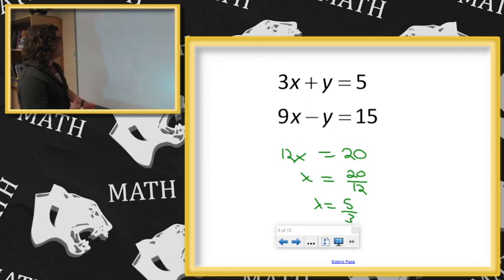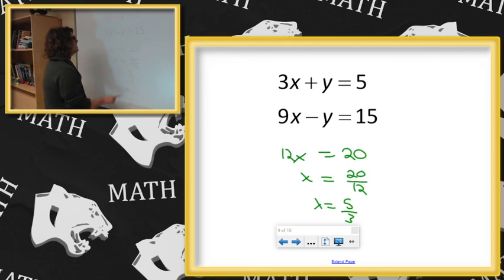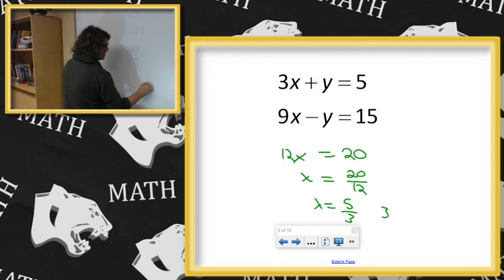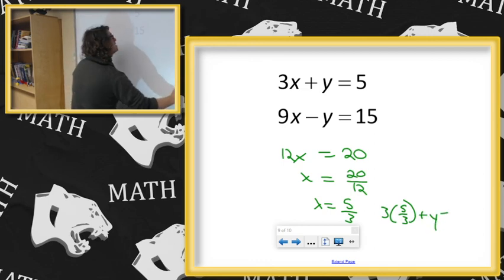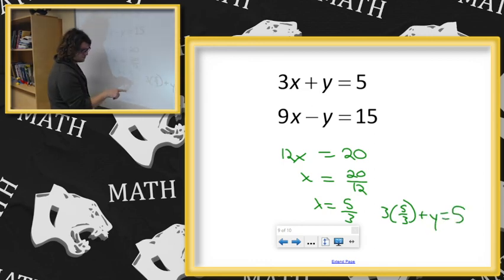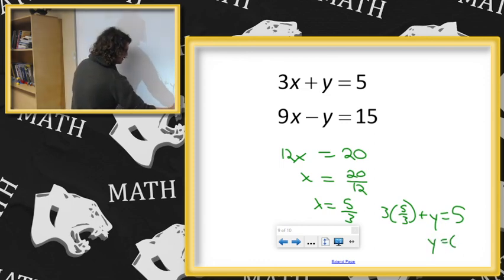And then I can put that back into, for instance, the first one there. And 5/3 put into this would be 3 times 5/3 plus y is equal to 5, which says 3 times 5/3 is just 5. Subtract 5 from both sides, and we end up getting a y of 0.